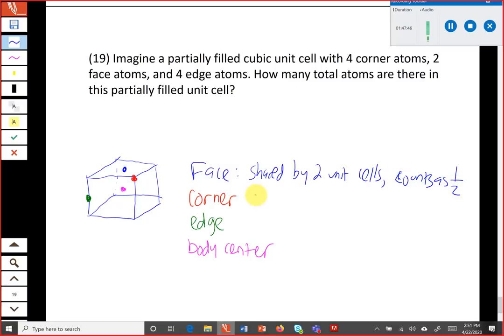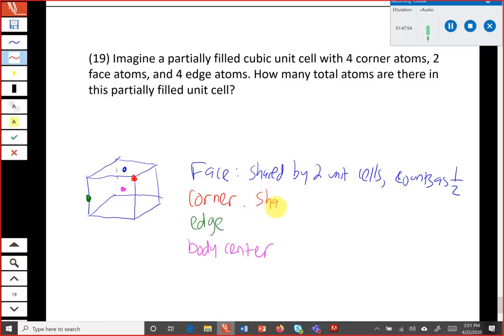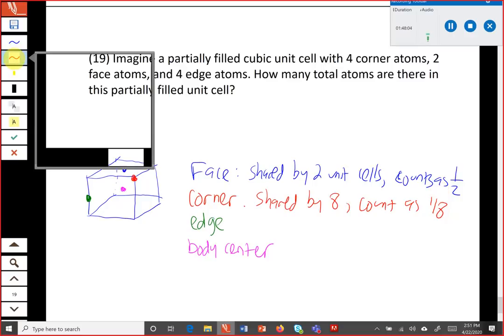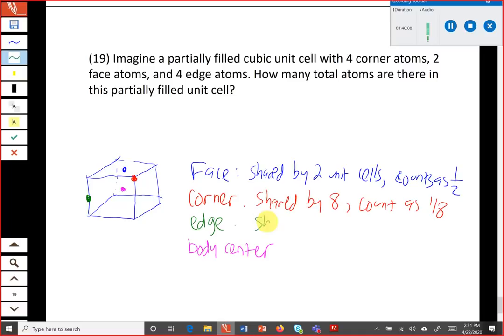The corner positions, I'll put these in the same colors so we can keep them color coded, are going to be shared by 8 unit cells, and so that means they count as 1/8. Edge positions are going to be shared by 4, so they're going to count as 1/4 each.